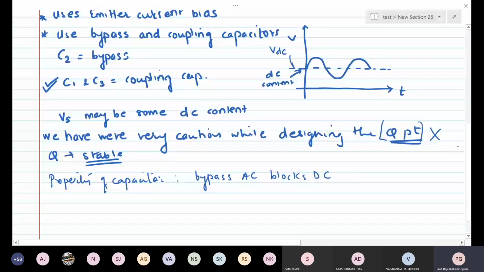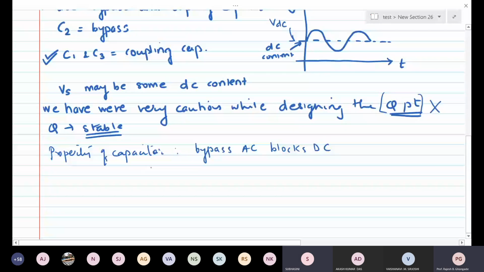Look at the capacitive reactance equation: XC is 1 upon 2 pi f C ohms. If f is 0, that means we have DC, and XC is infinity. That is, it is open for DC. That means it blocks DC.